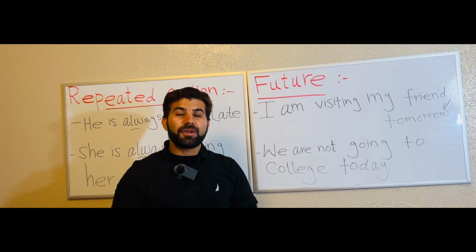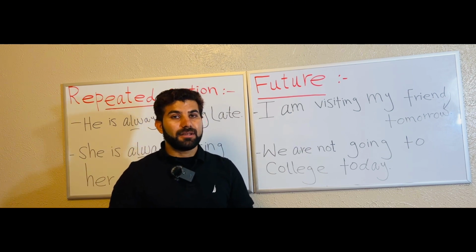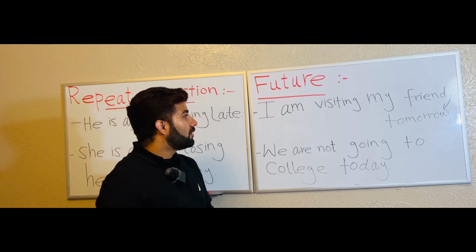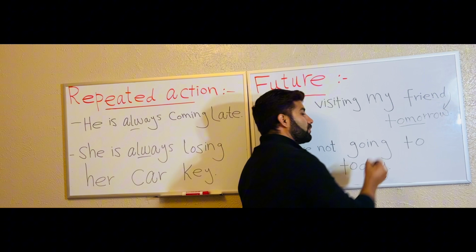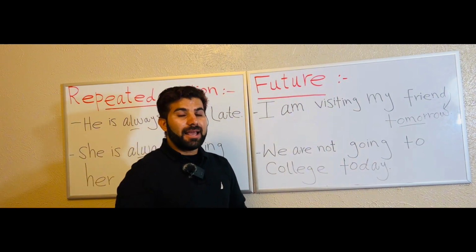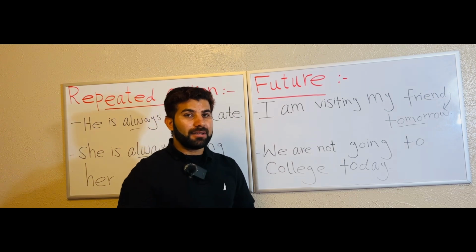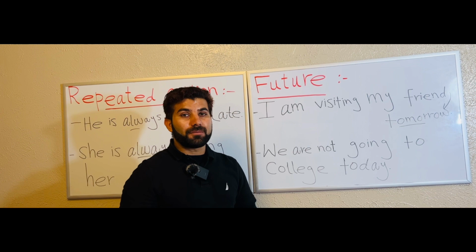So we can use present continuous tense to talk about future arrangement. If we see here, tomorrow is a future arrangement, and I'm telling someone that I am visiting my friend tomorrow.